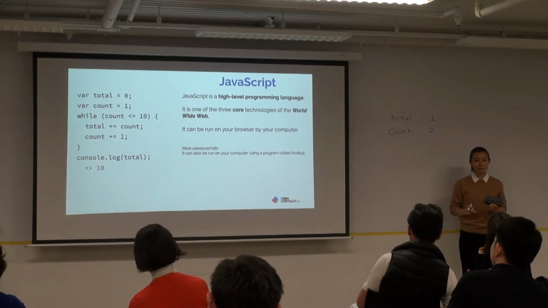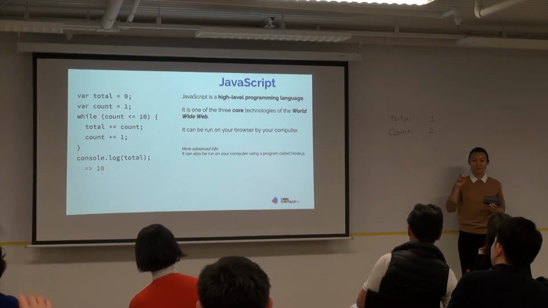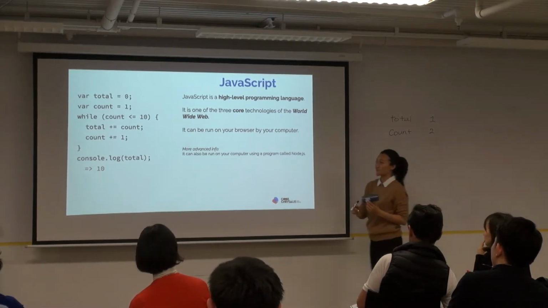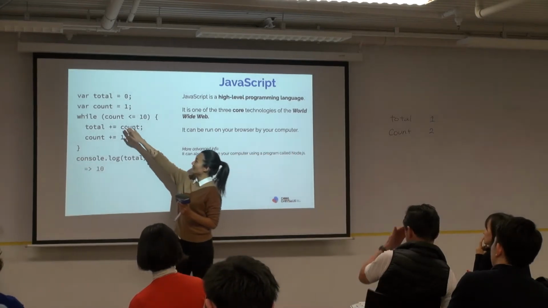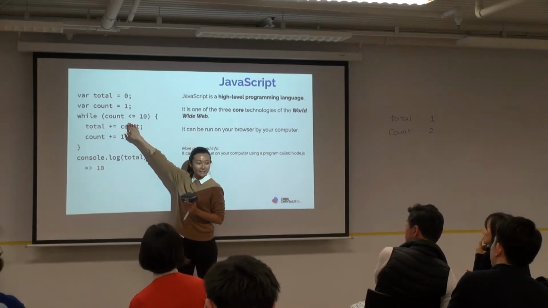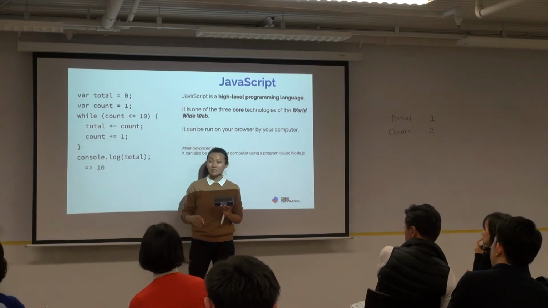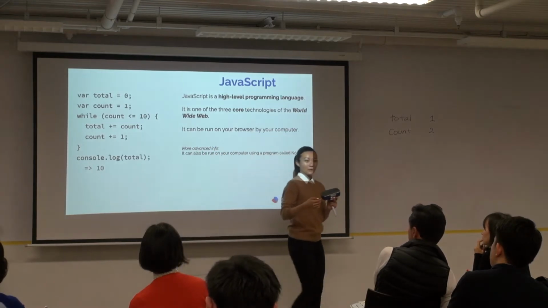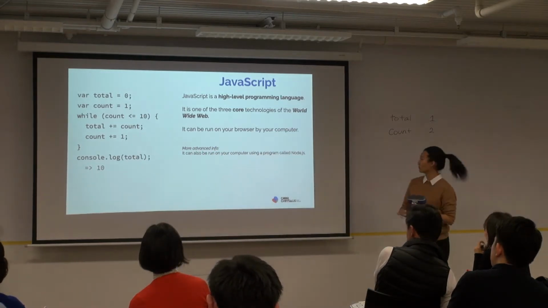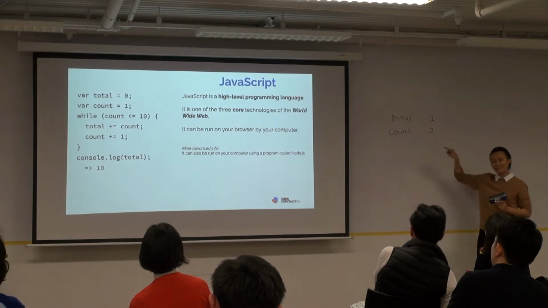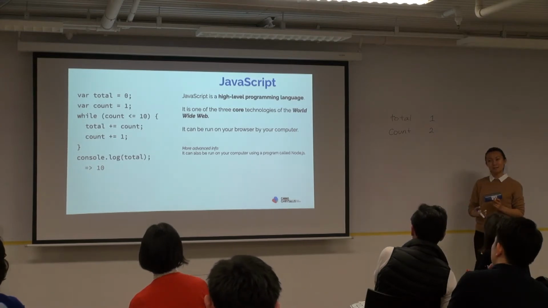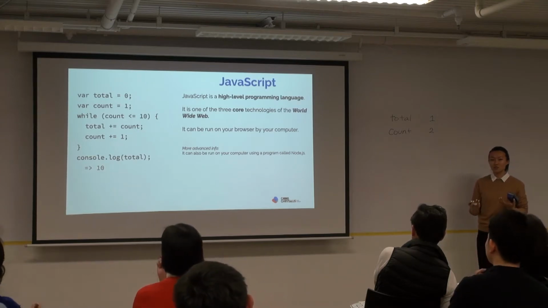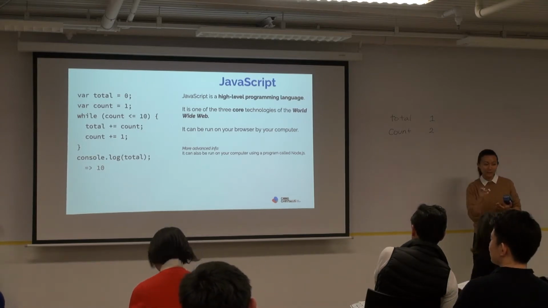Because it's a loop, we go back up and we ask again, is count less than or equal to 10? What is count? 2. True. Because it is true, we loop again.